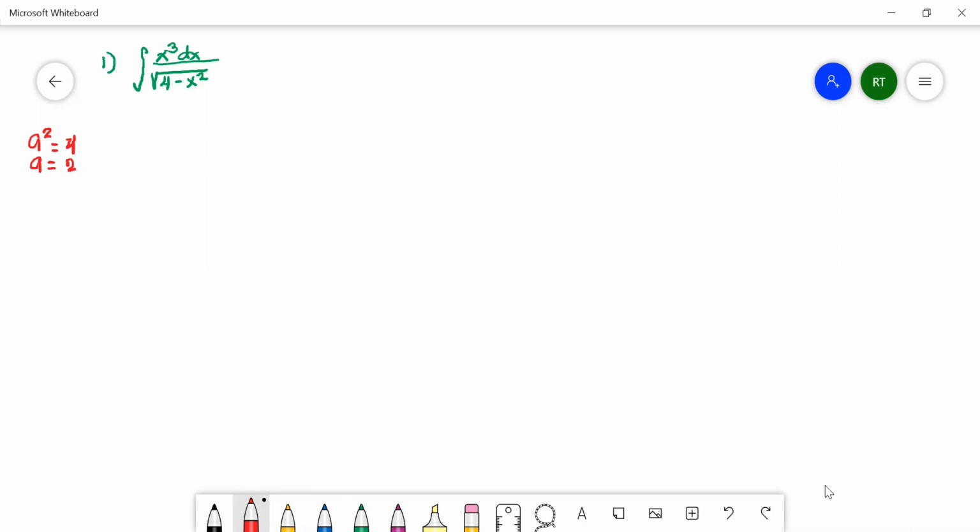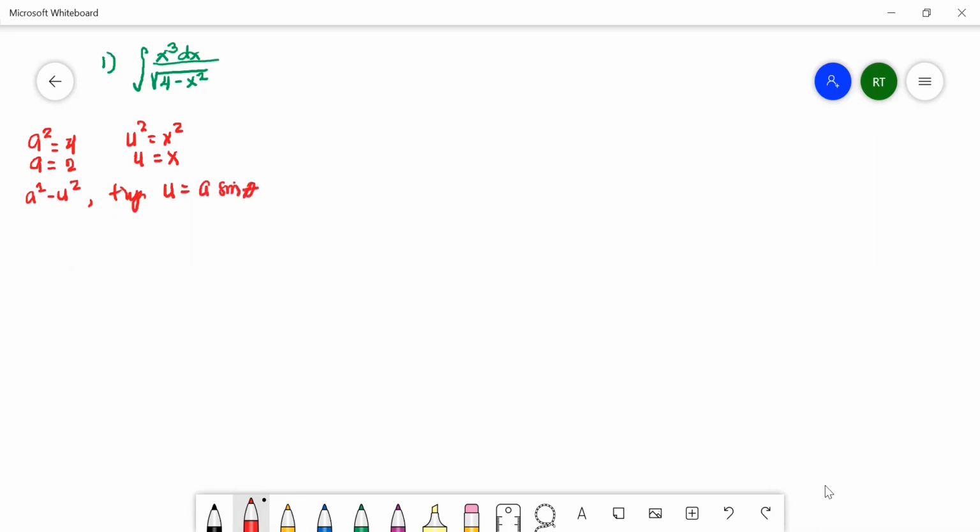And we're going to let u squared equal x squared, so that u equals x. According to the specific rule, when the integrand involves a squared minus u squared, we're going to try the substitution u equals a sine of theta.